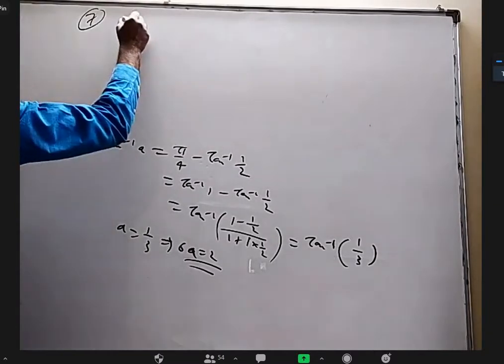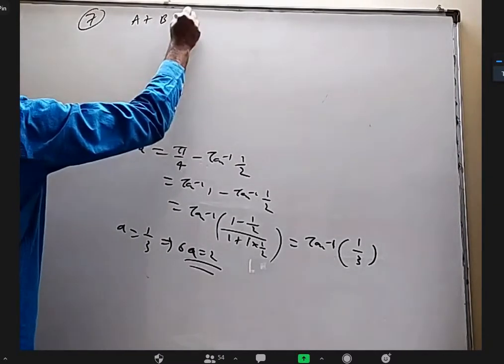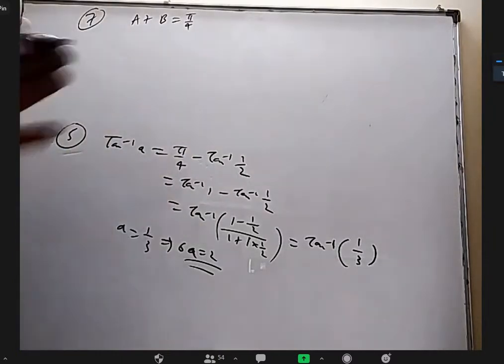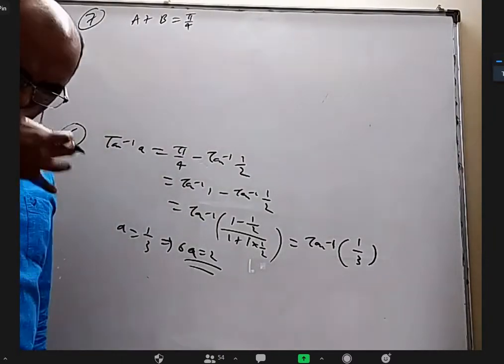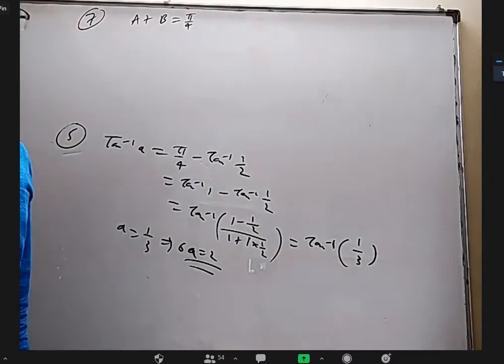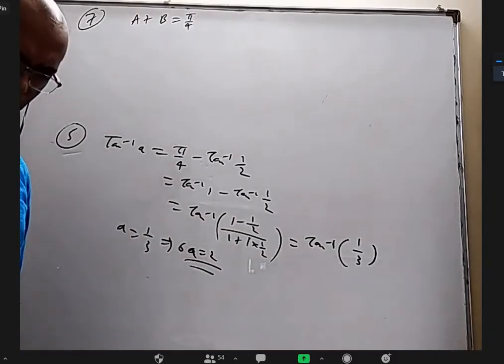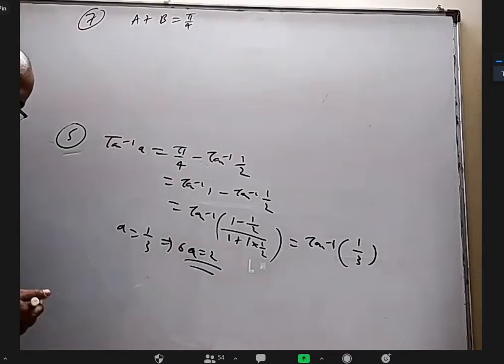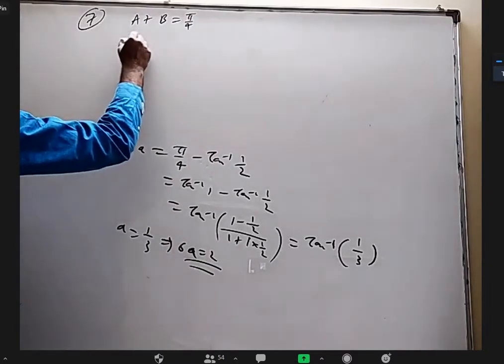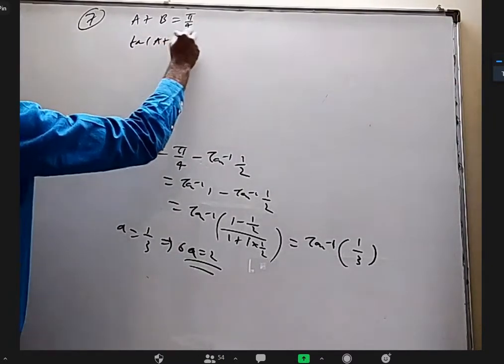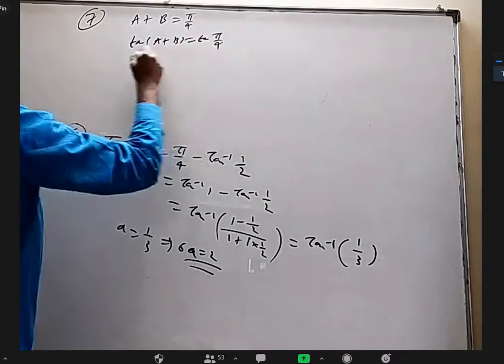Okay, 7. First tan inverse I'll take A, second tan inverse I'll take B. Even though I can send one of them to the other side also, nothing wrong. Anyway, I'll get a quadratic, I guess, so anything is okay. Then tan(A plus B) is equal to tan pi by 4.